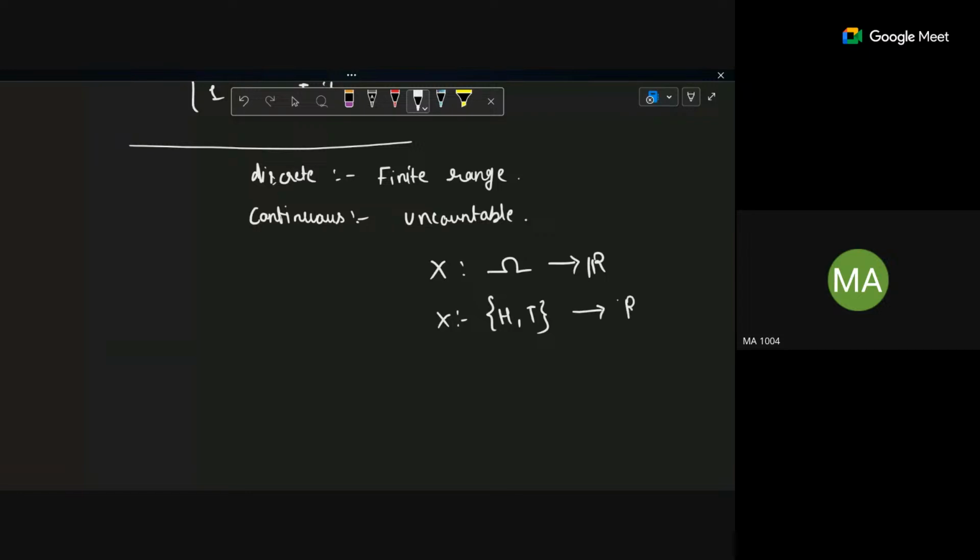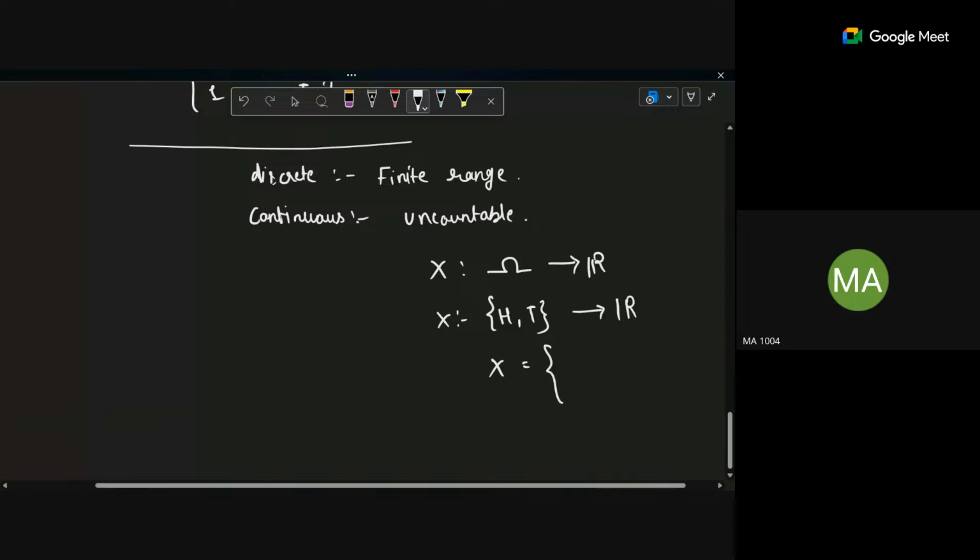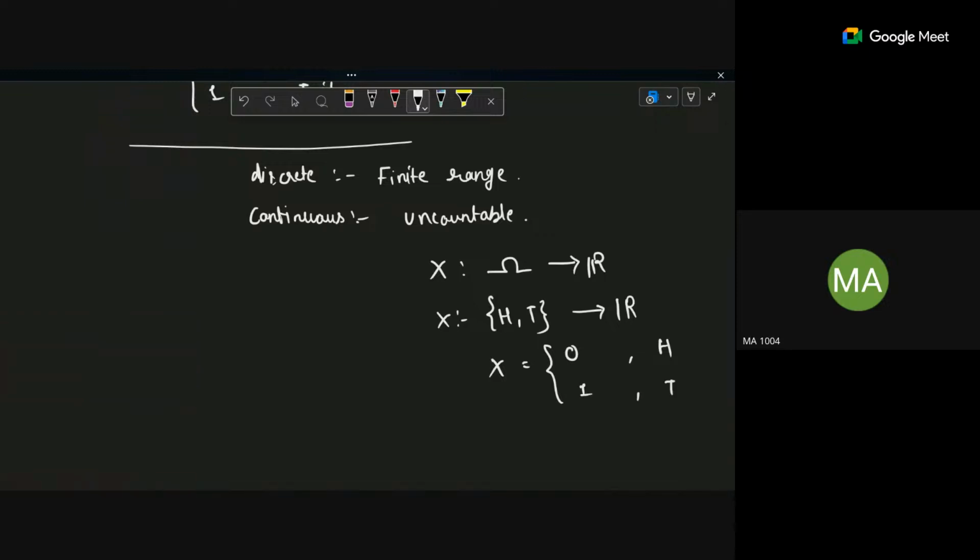How is it possible? Because we defined x as a function which takes value 0 if it is a head and 1 if it is a tail. So what we did here is connect our event with numbers, right? Is it okay? Yes, understood.